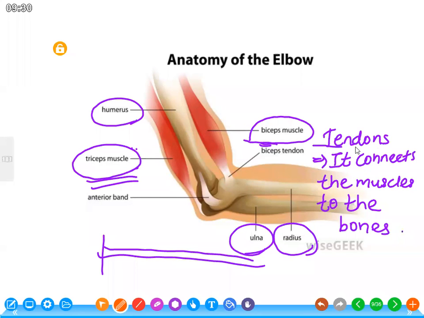Right? Tendons connect the muscles to the bones. Okay? Right.